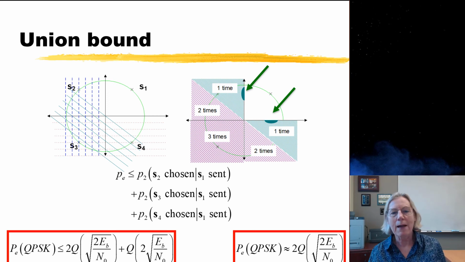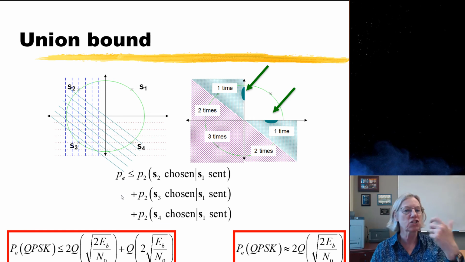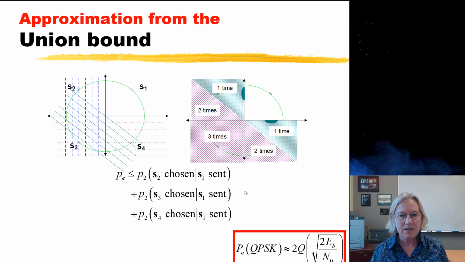So although I'm actually summing up all of these probabilities by using this approach, taking it 2 by 2, every 2 symbols, in actuality, it's just the contributions that come from the nearest neighbor that are having an effect. So this approximation from the union bound in the case of QPSK would be to throw off the second term and just keep the first term. And the first term is essentially the calculation between these nearest neighbors, so between S1 and S4.